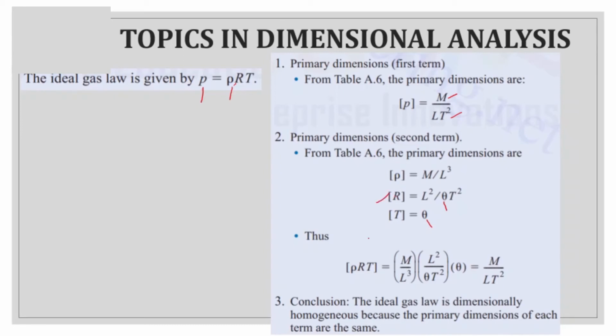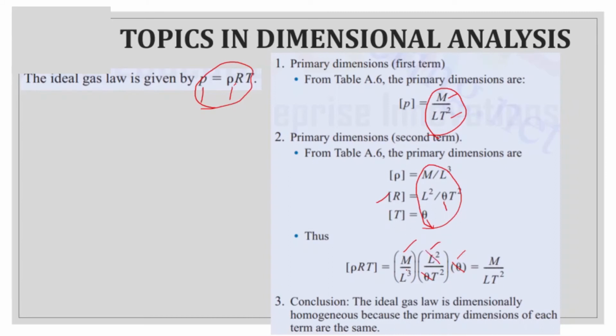So if we substitute all these primary dimensions in the given equation, then we could get the same. So for P, M over LT squared, substitute rho, then this is R, then this is for T. Theta in the denominator and numerator cancel out.